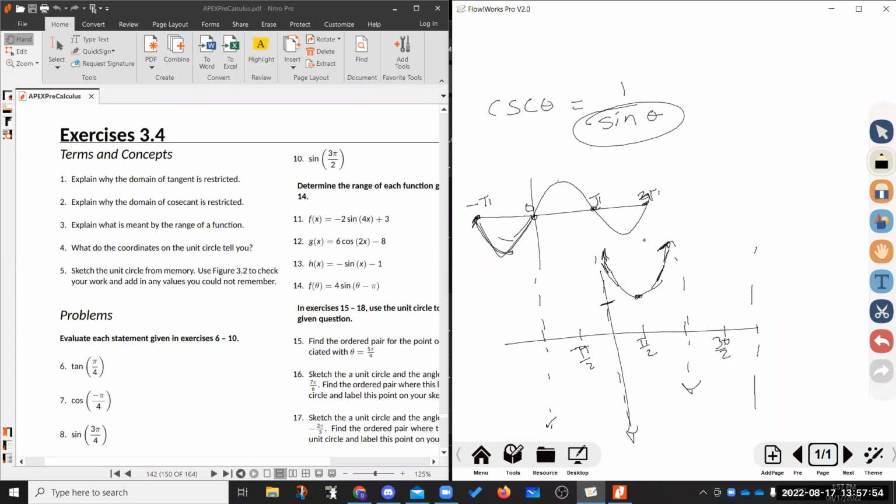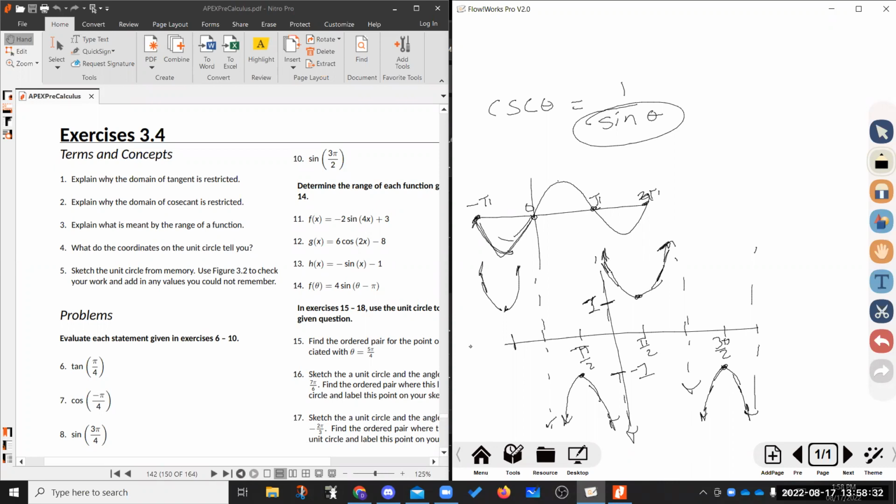At 3 pi over 2, I'm at negative 1. The reciprocal of negative 1 is negative 1, and I'm down here in this piece. I don't ever cross the x-axis in this graph, and then it just alternates above and below, like so. And then we're back above again, and it's always 1 and negative 1 are the places where it starts going up at 1 and it starts going down at negative 1.